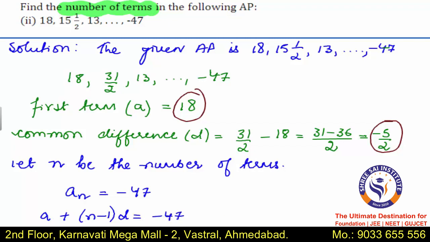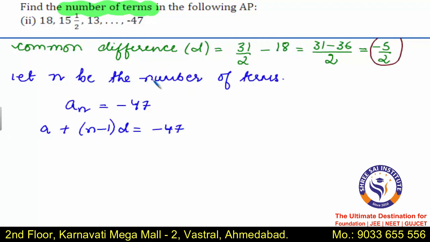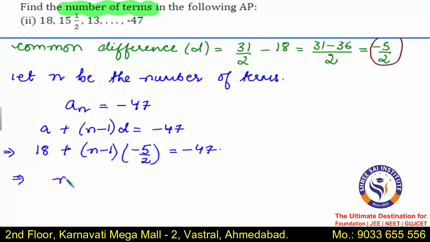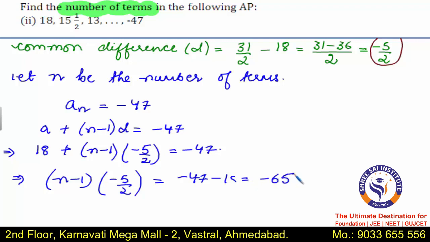Now substituting the values of A and D in this equation, this further implies A is 18 plus n minus 1 into d, which is minus 5 upon 2. So this is equal to minus 47. This further implies that n minus 1 into minus 5 upon 2 is equal to minus 47 minus 18, and this is equal to minus 65.